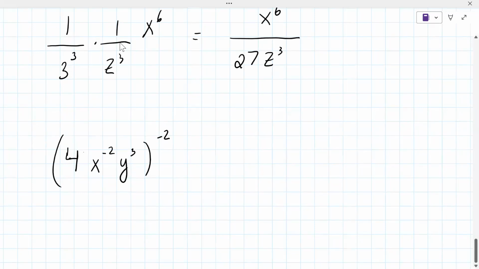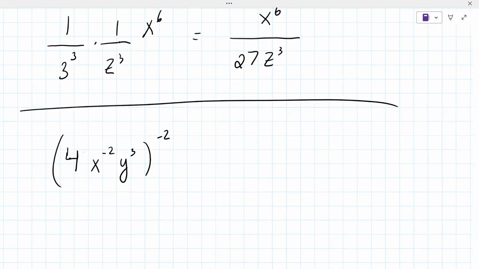All right. I got x to the fourth over 16, y to the sixth. Good, very good. Okay, so back to 14.